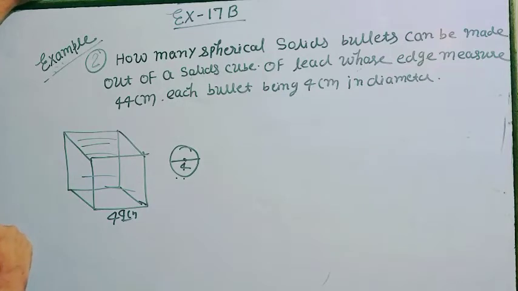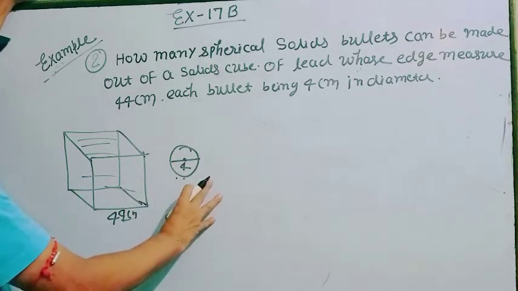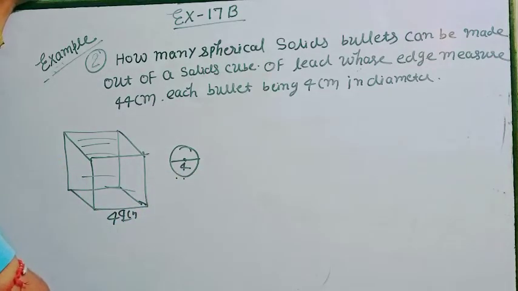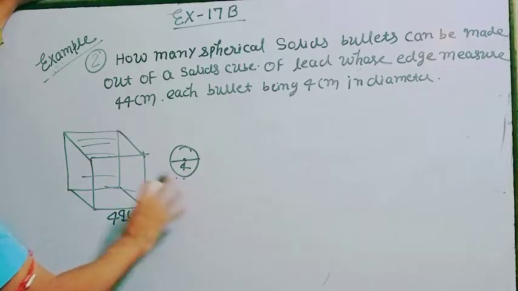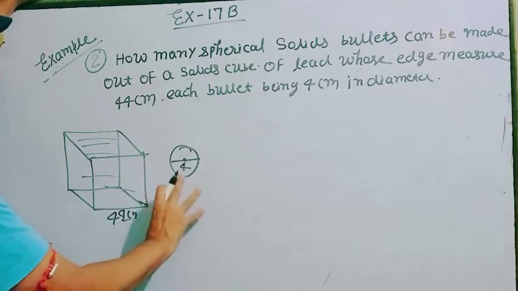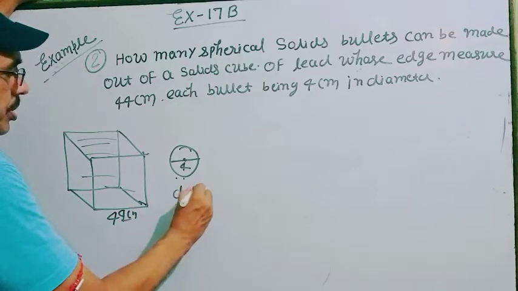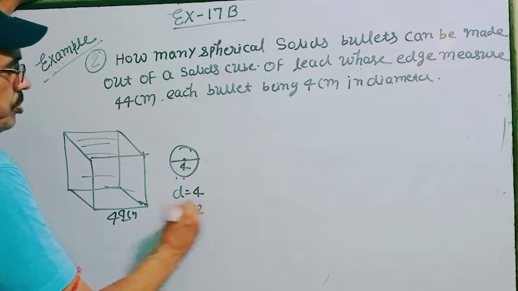Then it is clear the volume of all bullets is equal to the volume of the cube. So you can write the number of bullets is equal to the volume of cube divided by volume of a sphere. Here the diameter is 4, so write radius is 2.